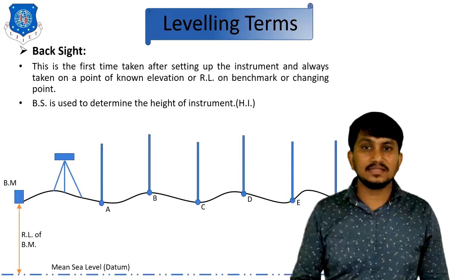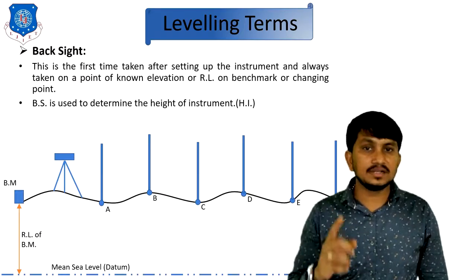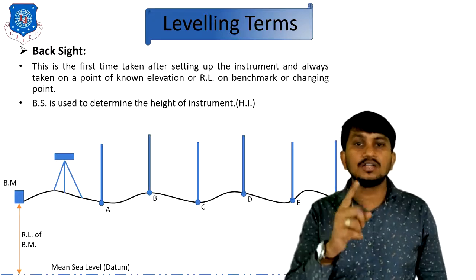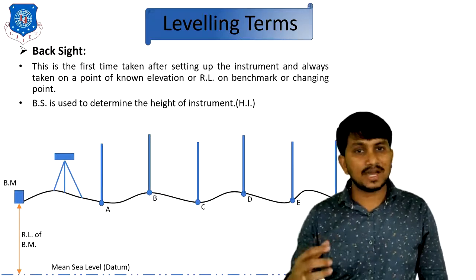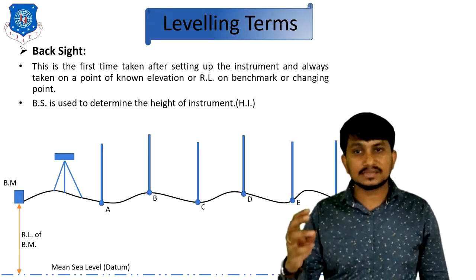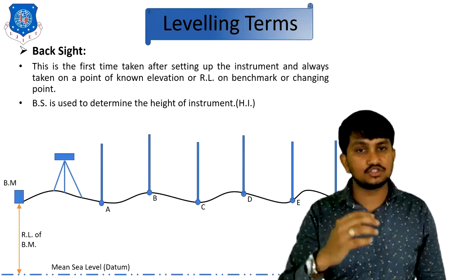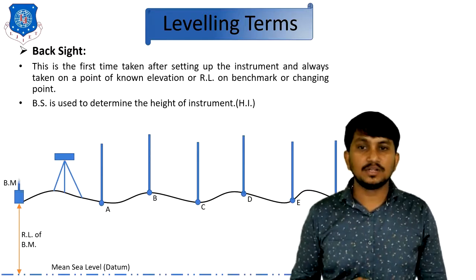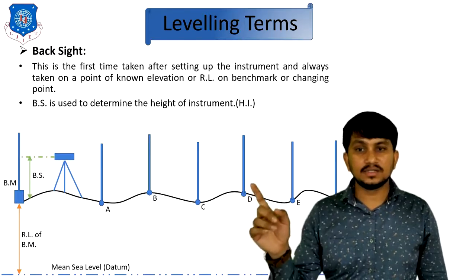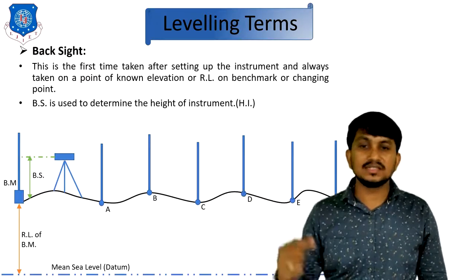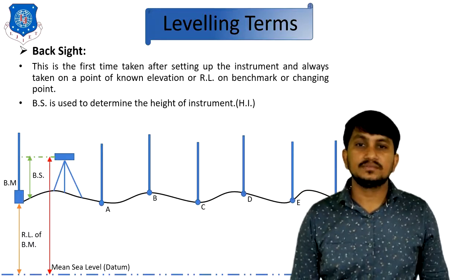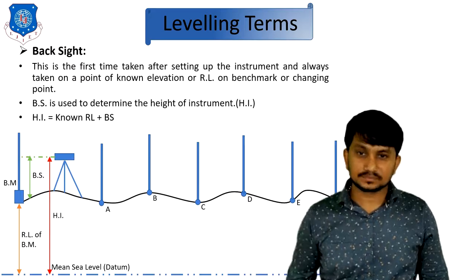So what is backsight? This is the first staff reading taken after setting up the instrument, and always taken on the point of known RL, on the benchmark, or on the changing point whose RL is known. This BS is used to determine the height of the instrument, HI. This distance is called BS.